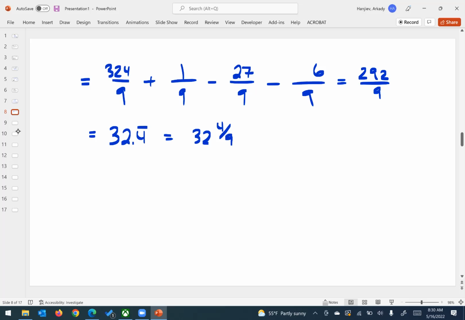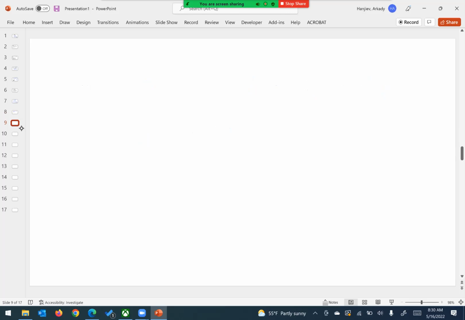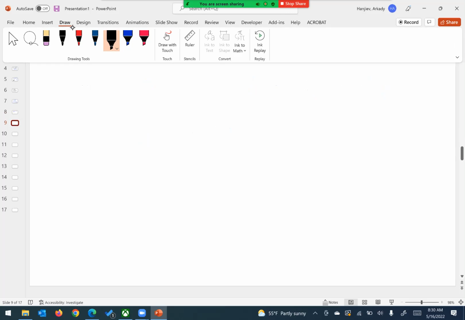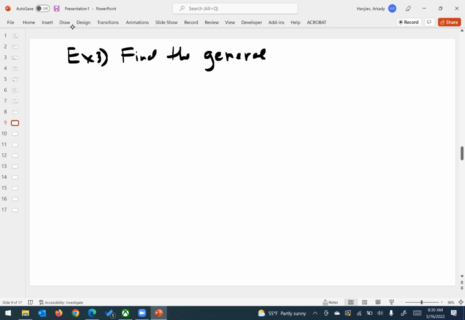Okay, let's do an exercise, just to give you one that does not have numbers to plug in here. Just find the general indefinite integral.